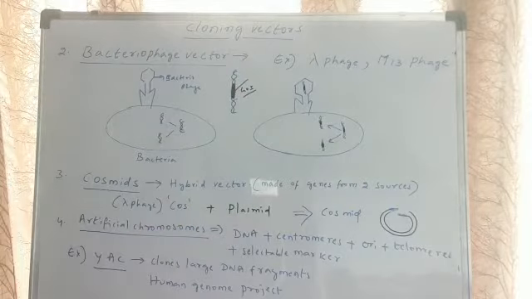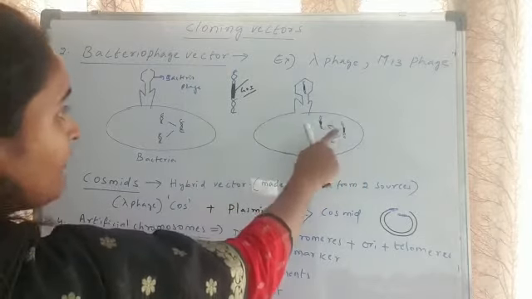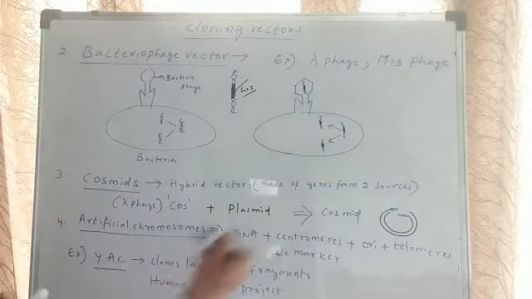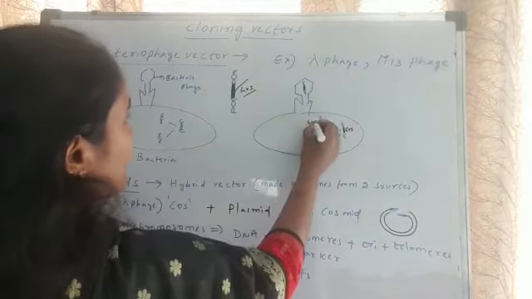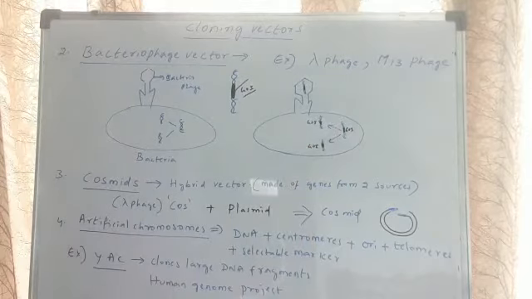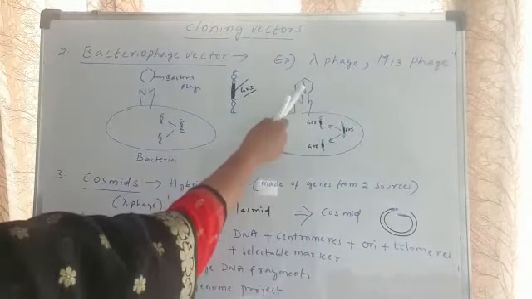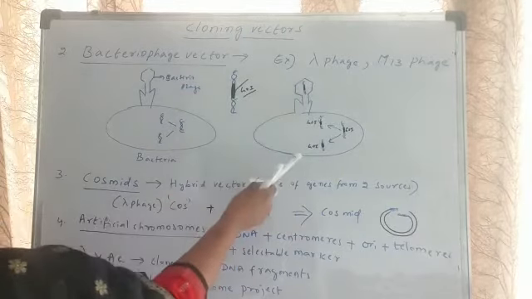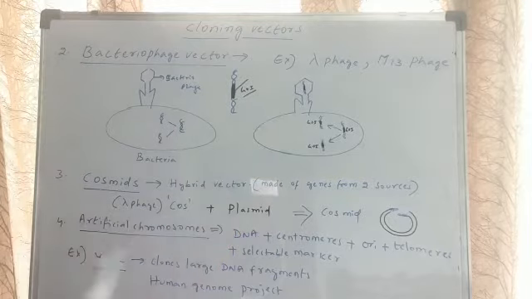So, what happens is, along with the viral DNA, the gene of interest is also replicating. That is how we are able to introduce the gene of interest into the recipient cell or the host cell by using the bacteriophages.